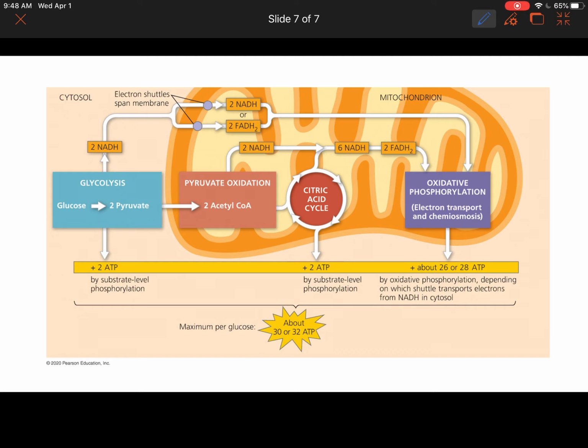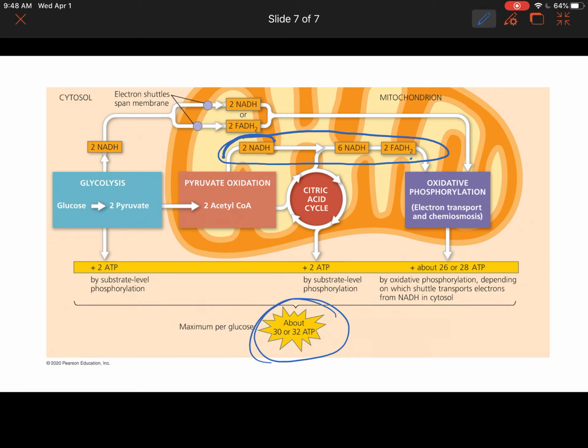So if we put all of this together, all of aerobic respiration together, remember our end goal was making ATP. Glycolysis, pyruvate oxidation, and the citric acid cycle, their purpose was to break the chemical bonds in food molecules and their intermediates to pull energy out. Most of that energy was in the form of these electron transport molecules, NADH and FADH2.